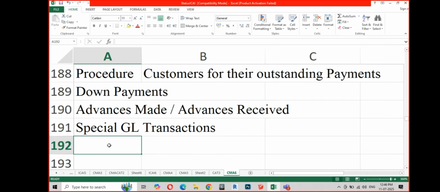Your partial payments, your residual payments, right? But as far as the advances are concerned, SAP treats these transactions in a different way. Now, how does SAP break open this? Now, I will just make a point here.